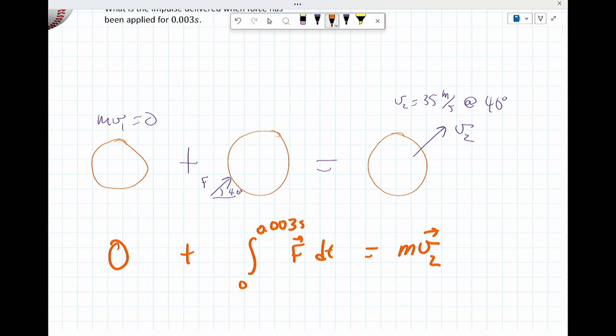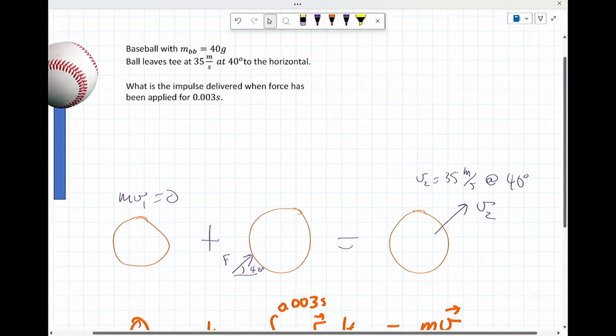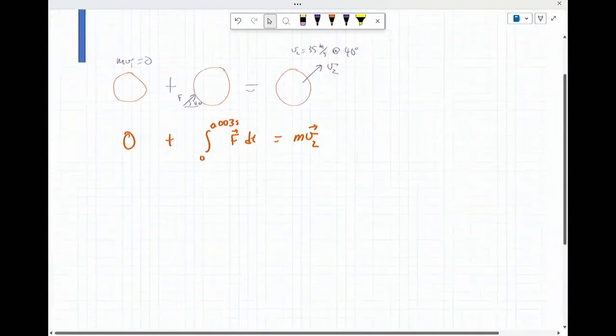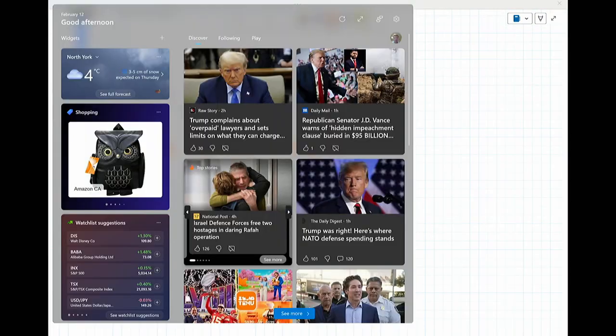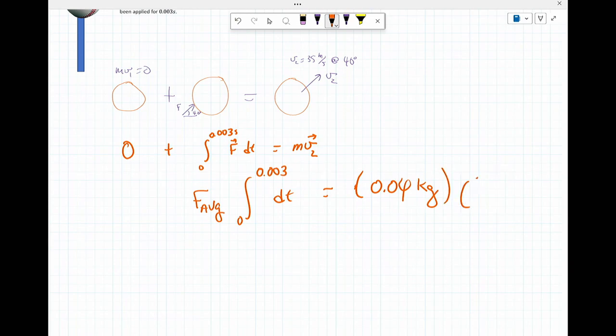The force is applied for 0.003 seconds. And I was asked for an impulse. So I can say the force average from 0 to 0.003 dt is equal to 0.04 kilograms at 35 meters per second.